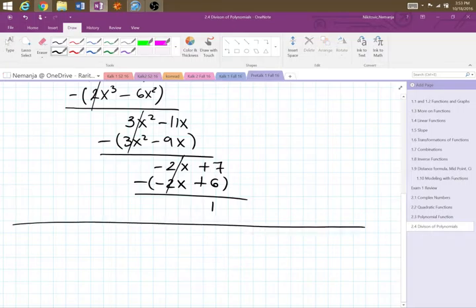Here we go. So we want to divide x minus 4 into 4x to the 4 minus 4x squared plus 6x.